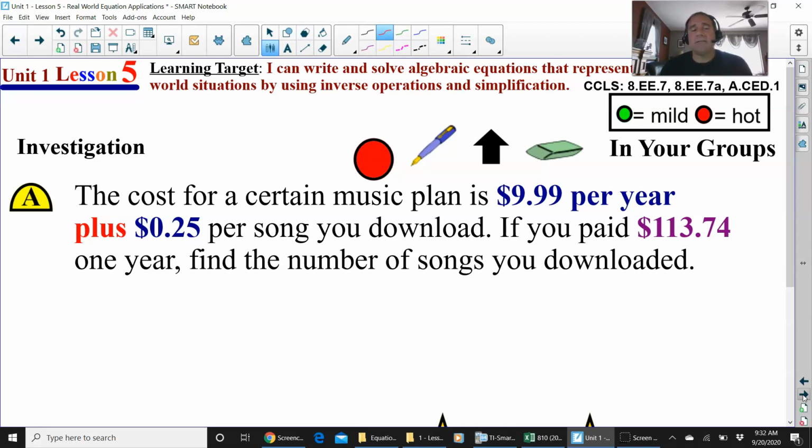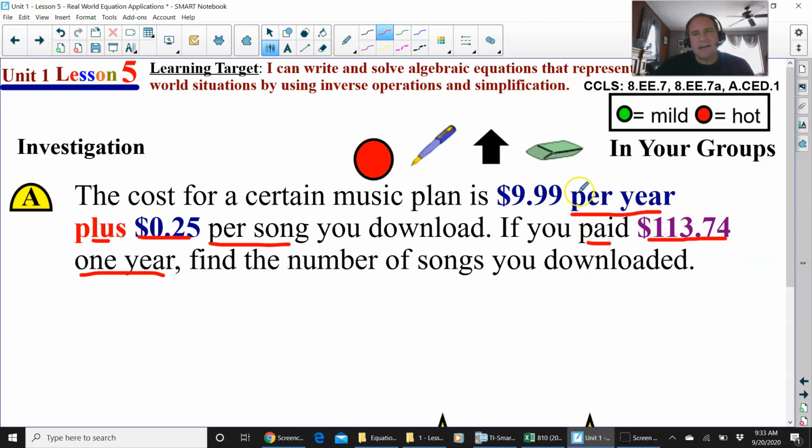So this is a little bit tricky because it says per year right here, and this says per song. But this is the amount you paid in 1 year.